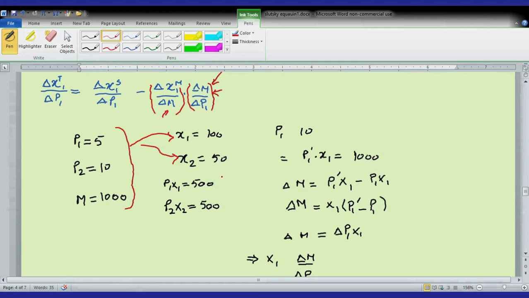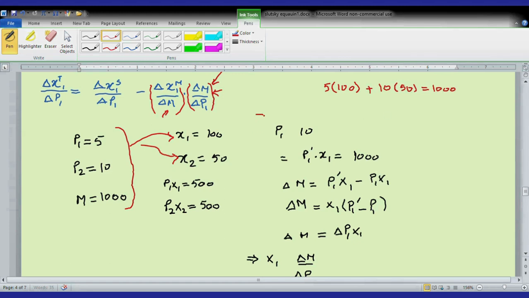So when the household consumes 100 units of good 1, the expenditure on good 1 is equal to 5 multiplied by 100, equal to 500. And at the price of rupees 10 per unit, the household consumes 50 units of good 2, again the expenditure is equal to 500, so that the budget constraint is just satisfied.